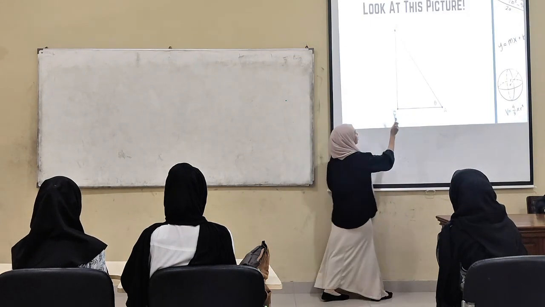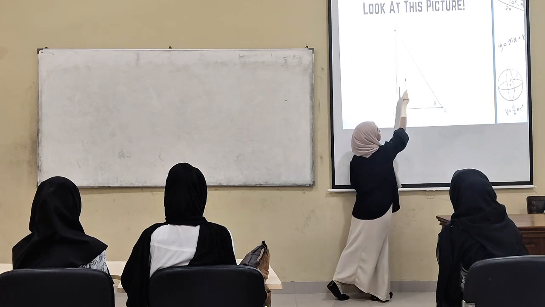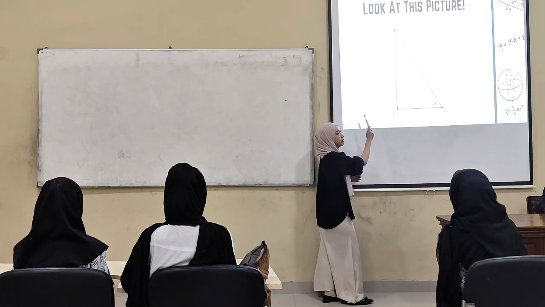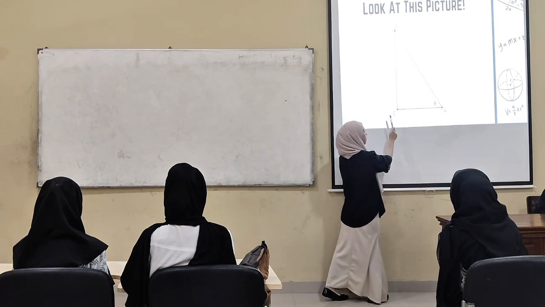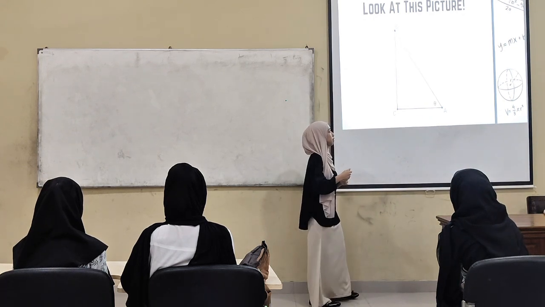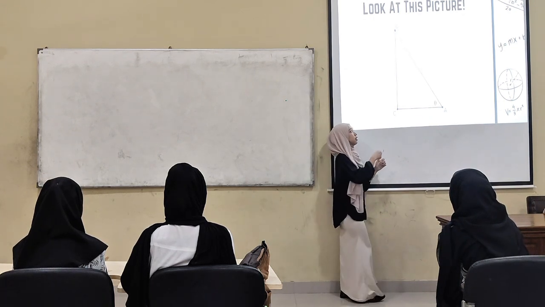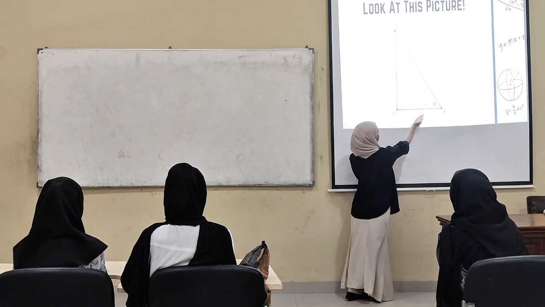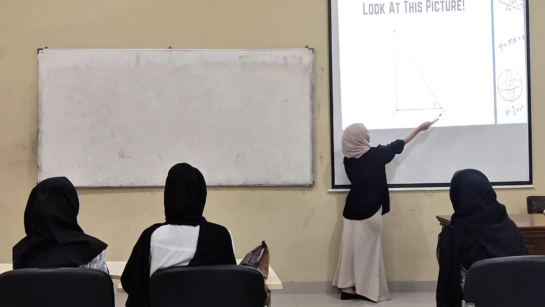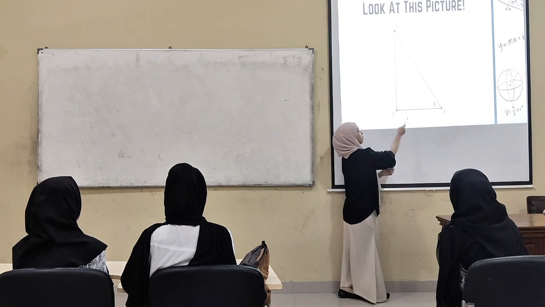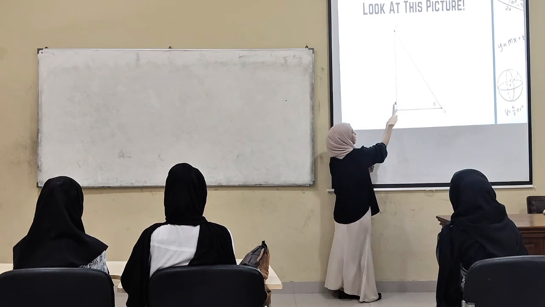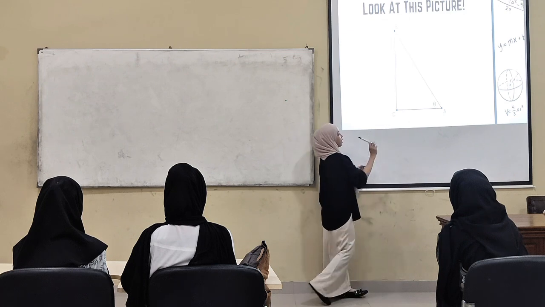The sides are the AB side, the BC side, and the last one is the AC side. That's right. Where is the 90-degree angle, A or C? C. The 90-degree angle is at C.